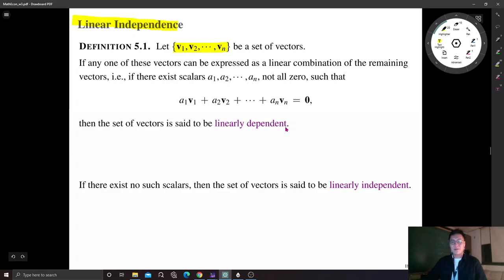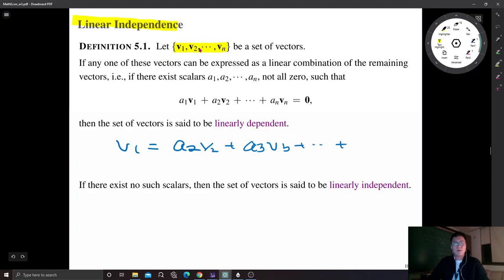Suppose that v sub 1, the first element, can be expressed as a linear combination of the others. Say v sub 1 is a sub 2 v2 plus a sub 3 v3, plus a sub n v sub n.